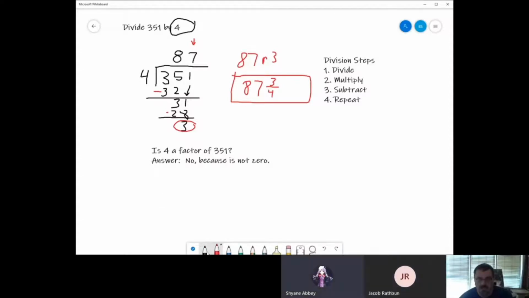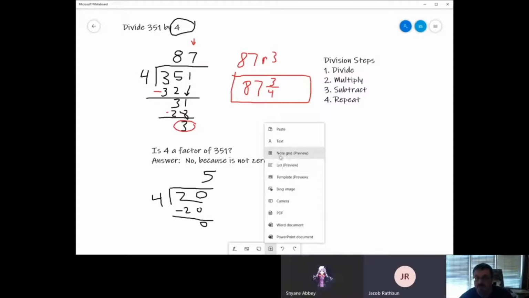So if I look at something like, I don't know, 20 divided by 4, right? 4 goes into 20 how many times? 5. Then 5 times 4 is 20. I subtract it, it gives me 0. So 4 is a factor of 20.